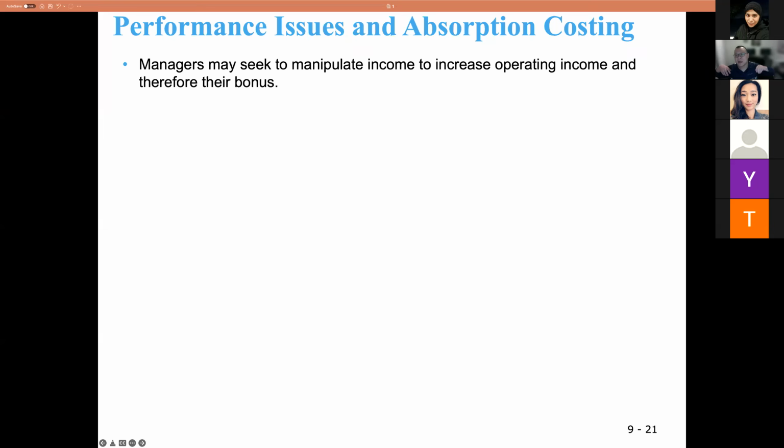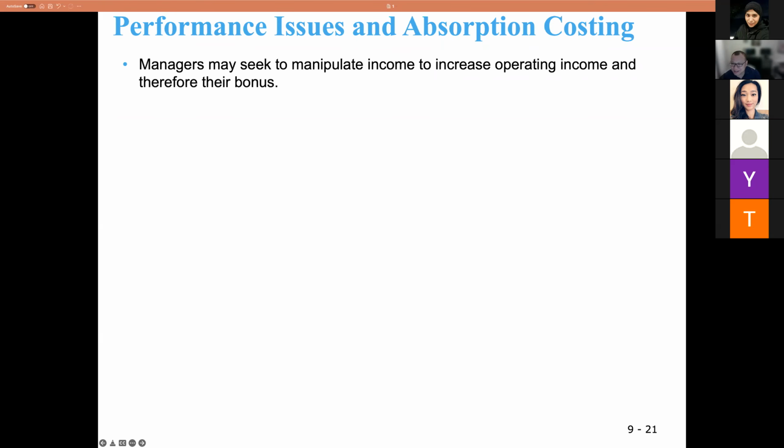If your net income of the store reaches $1 million, you get a $50,000 bonus. So here, these managers may want to manipulate income so they can receive the bonus.